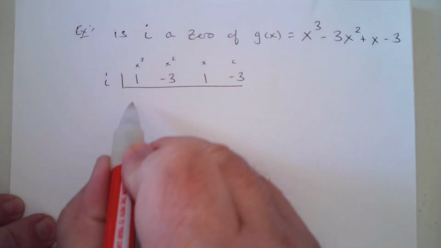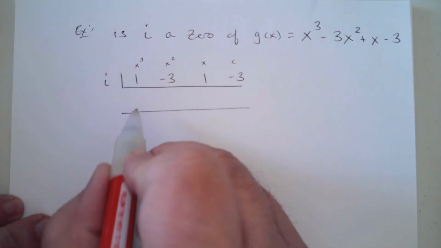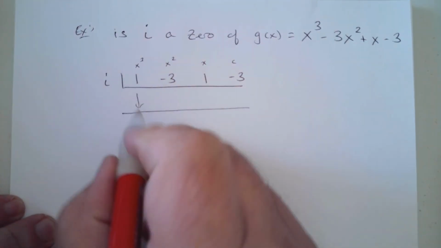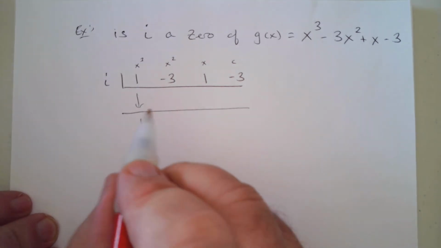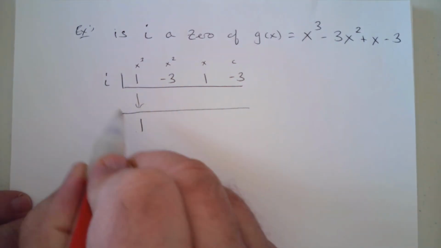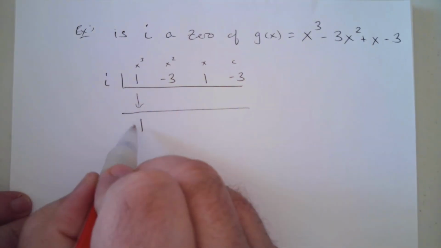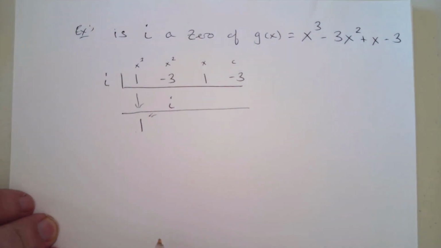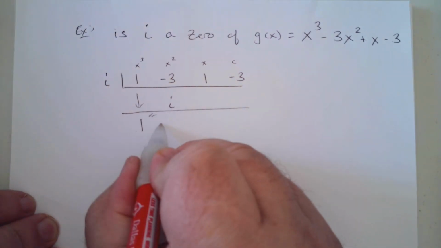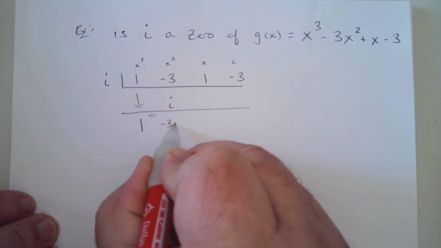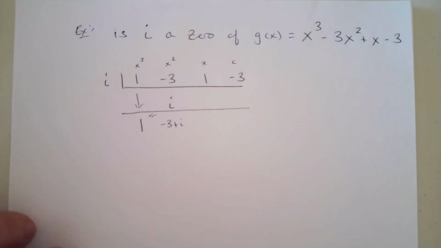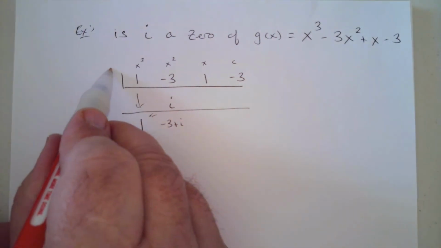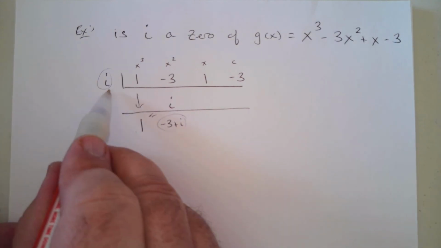Same process. So bring down the 1. Or 1 plus 0 is 1. Multiply. i times 1 equals i. And we add them, so we get negative 3 plus i. This times this.